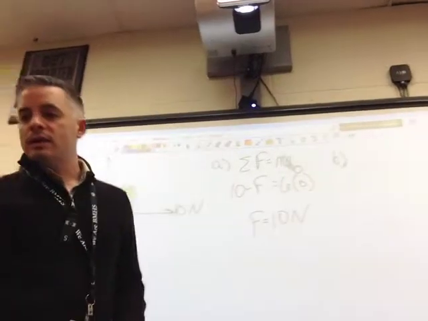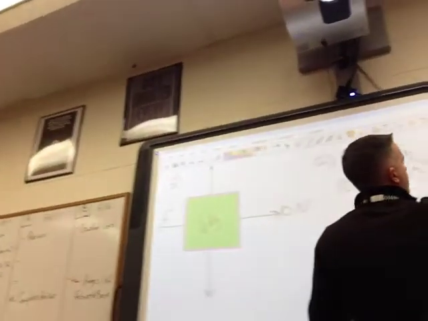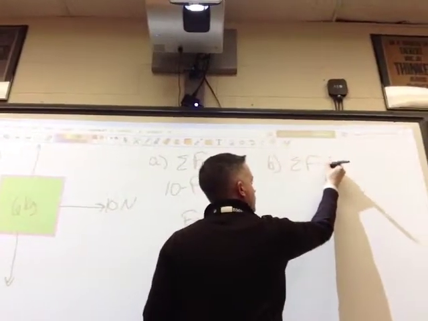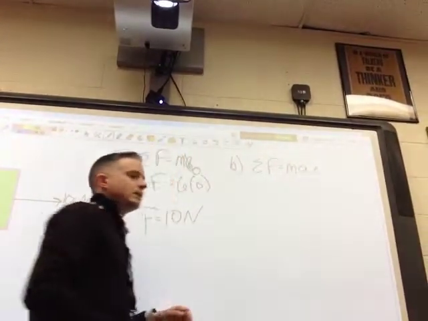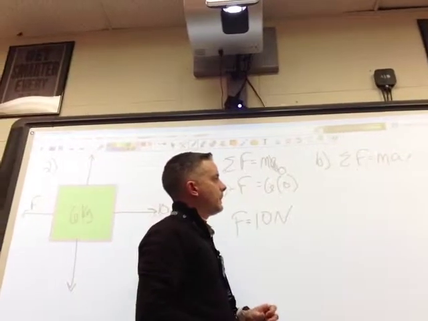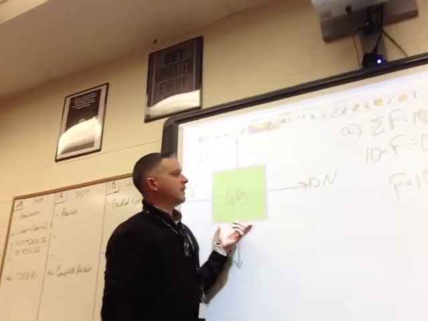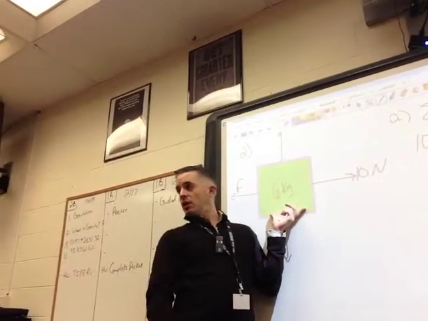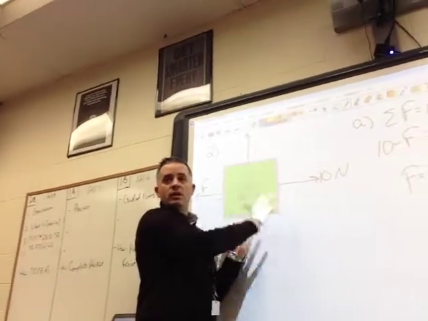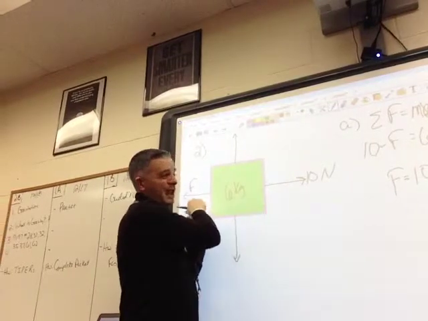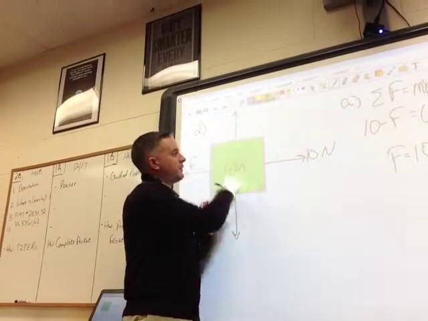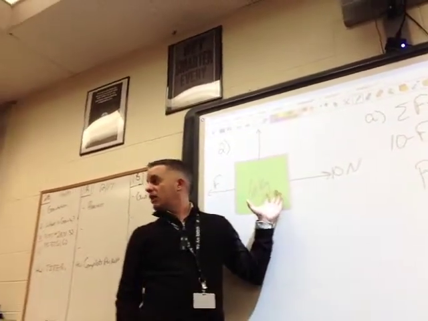So let's look at part B. Part B asks, what is F if we need an acceleration of negative 1.5? Again, we start with Newton's second law: the net force is equal to ma. Has this situation changed at all? Maybe this F is different, but in terms of the forces this box is experiencing, it's all the same.